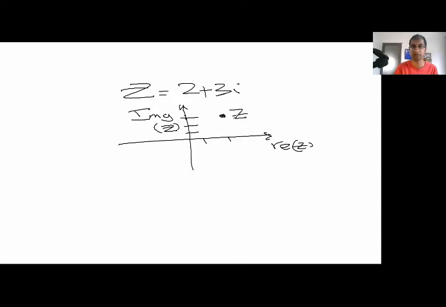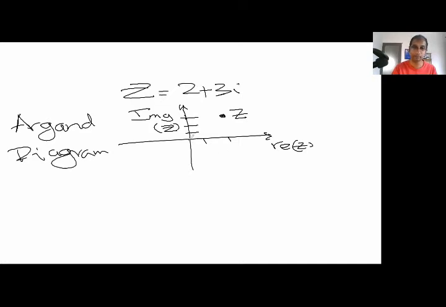So this is my complex number Z. And this is where it is, and that full diagram with the 2 axes, real and imaginary, is called an Argand diagram. It's written A-R-G-A-N-D. So if you're asked to draw an Argand diagram, they're looking for the complex number and the reference: what's the real component and what's the imaginary component?